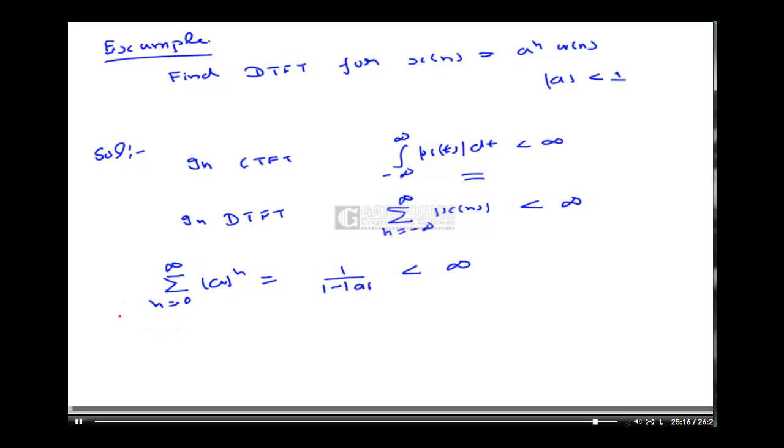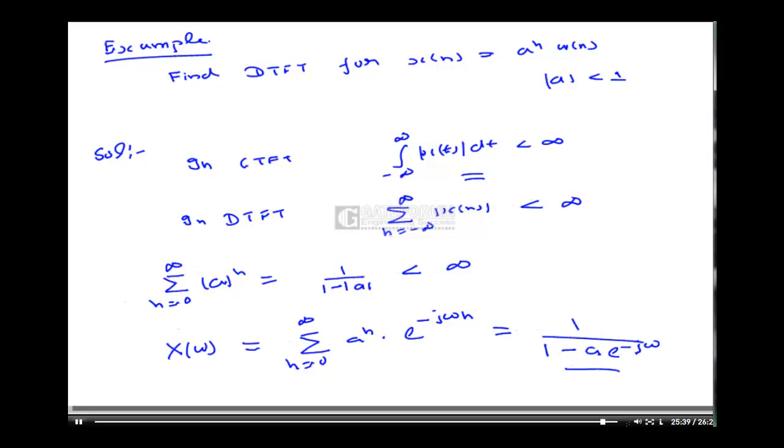So it is absolutely summable. Once it is absolutely summable, I can use the formula, and X of omega is equal to 1 upon 1 minus a e to the power minus j omega. So this is the DTFT for the given signal a to the power n u of n.